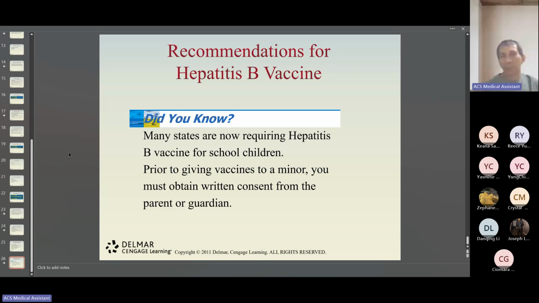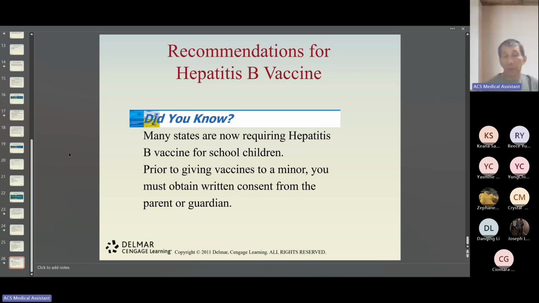Prior to giving a vaccine to a minor, you must obtain written consent from the parents or guardians. Remember, vaccines are a little controversial. The child cannot give consent because it's a minor, so we are always going to get consent from the parents, just in case your child develops a condition that is not due to the vaccine, but the parents, the guardian, whoever is in charge of the child, can sue the hospital for this reason.